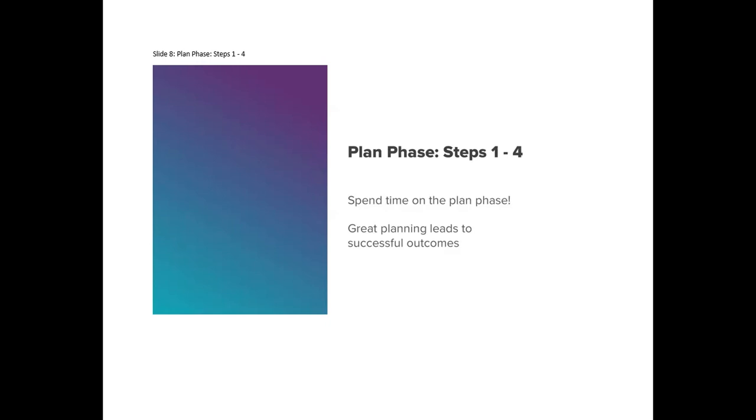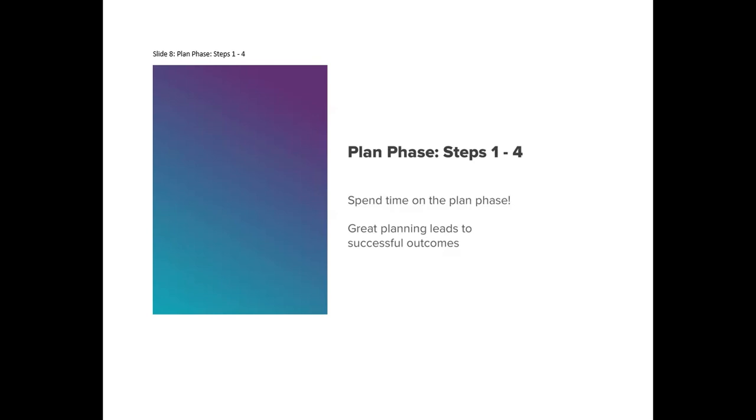These are steps 1 through 4 of a plan, that is nothing but your plan phase. I have seen situations where people want to breeze through and get to the do phase. Directly they want to go for the do phase, but they have to be concerned about their plan phase. It means teams that spend the majority of their time in the plan phase typically have the most success in reaching their target and goals.